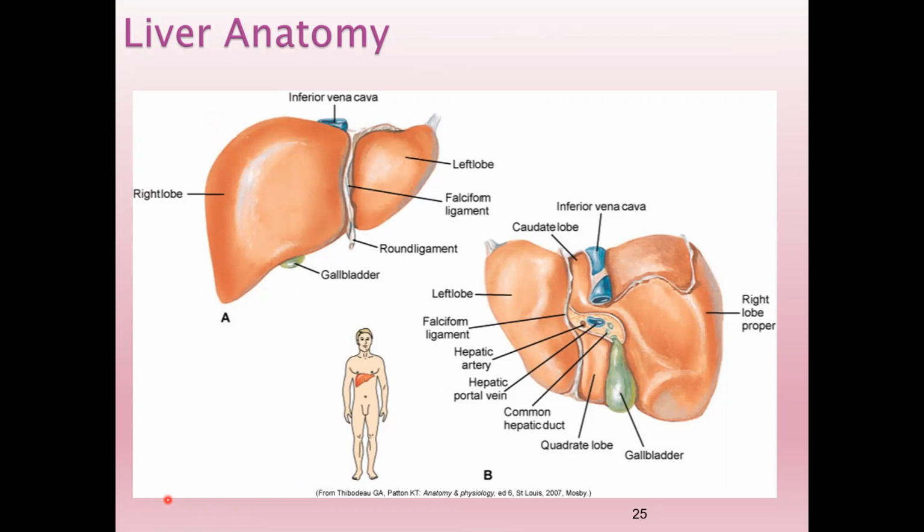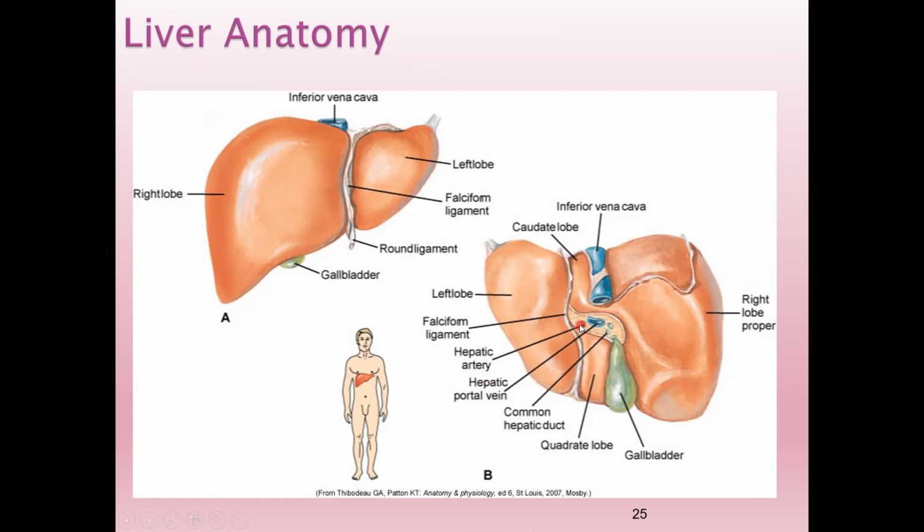But if you have an injury to your liver, or a transplant, if somebody's got a transplanted piece of a liver, they can do that because the liver will regenerate itself, and that's what the hepatocytes can do. There's a portal vein, you can see the hepatic portal vein is right here, and that's very low pressure delivering blood into the liver, and I'll talk about that in a minute. And then there's a hepatic artery.